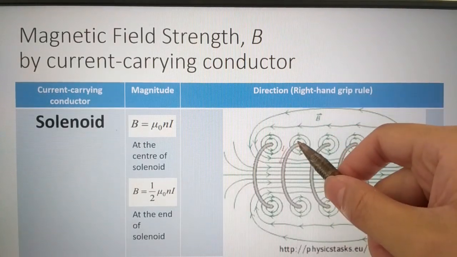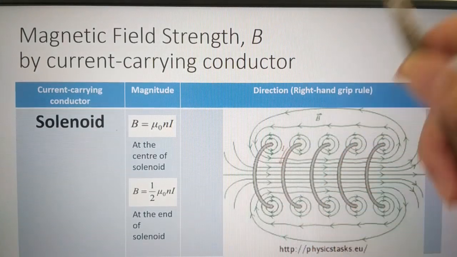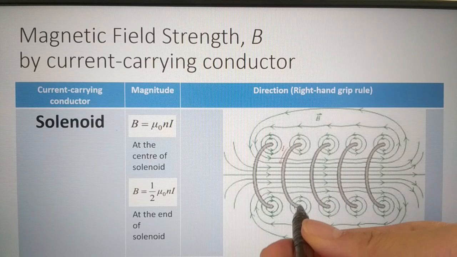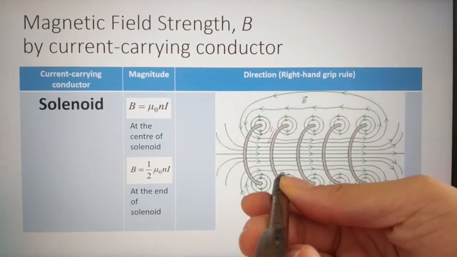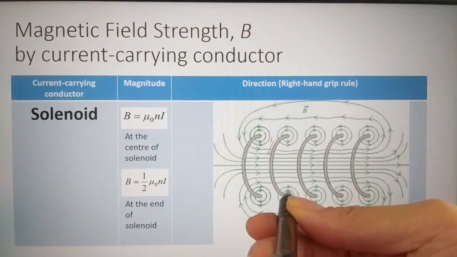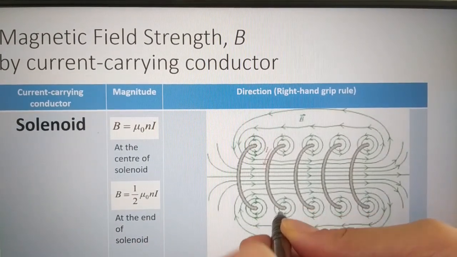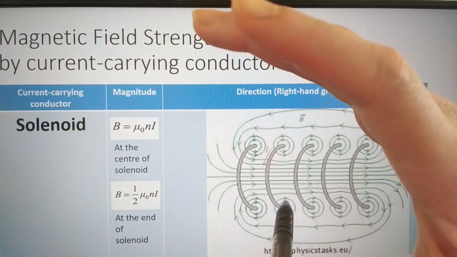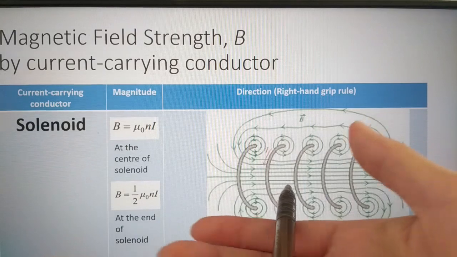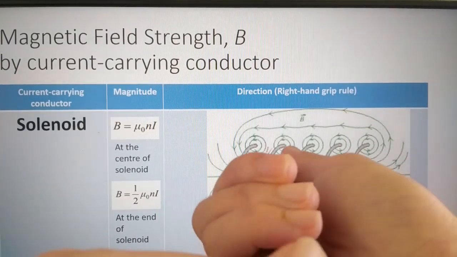What about this point here? Current flows out of this point into this point. So now your current is flowing into the page. How do you use your right hand grip rule to determine the direction of your magnetic field strength? Use your right hand, grip it in a way where your thumb is pointing into the page as well.